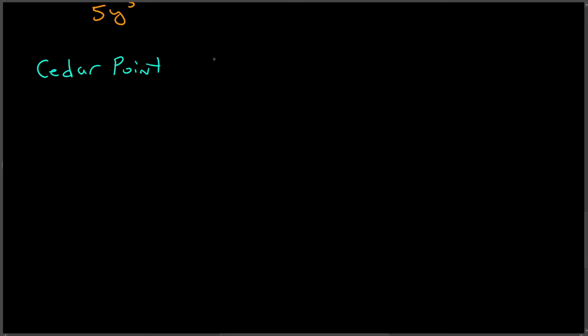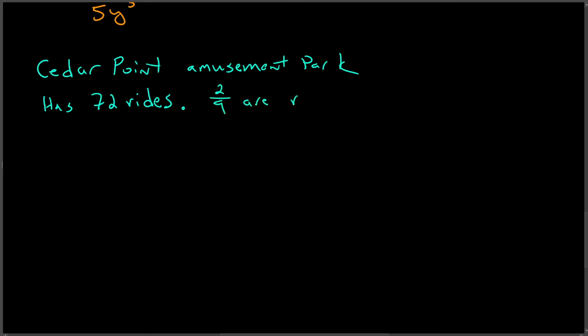So Cedar Point Amusement Park in Ohio has 72 rides. Of the 72 rides, 2/9 are roller coasters. And so we want to know how many are roller coasters.